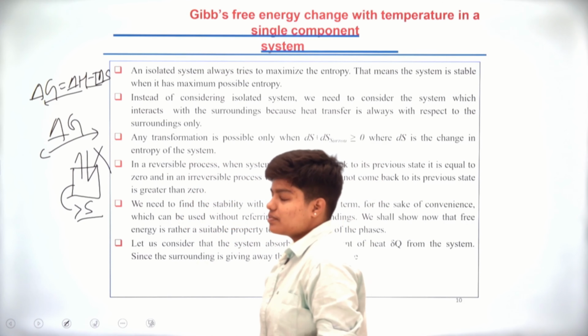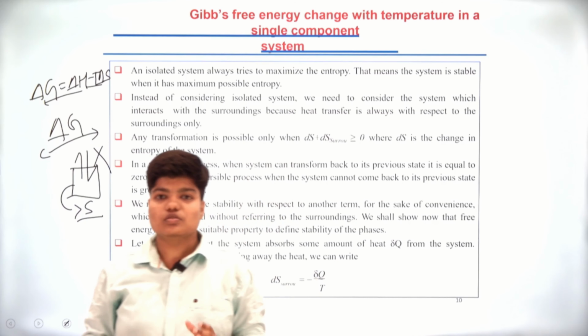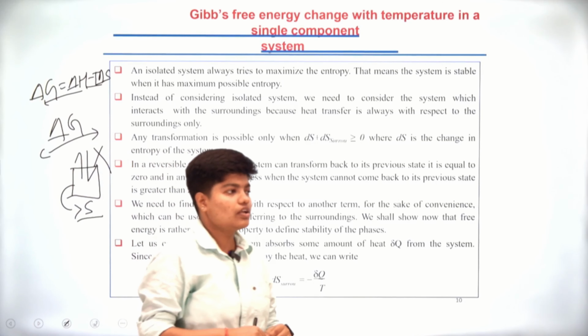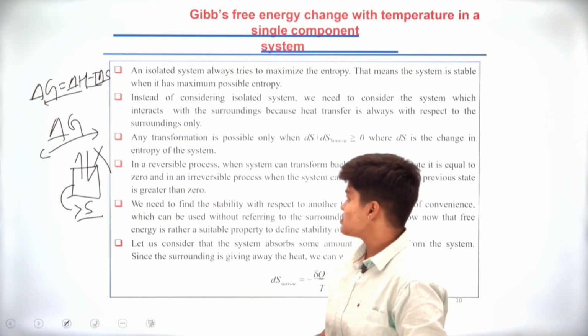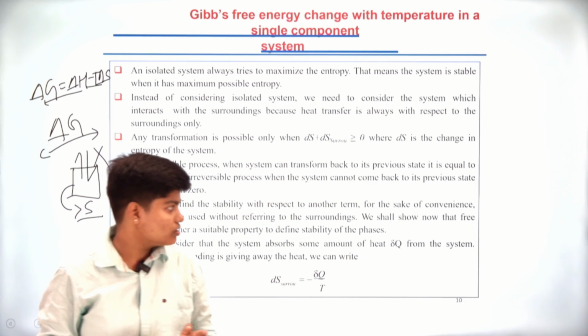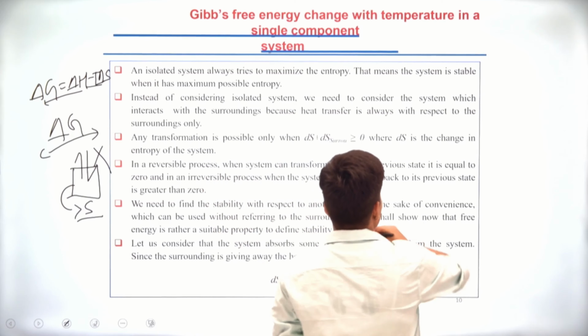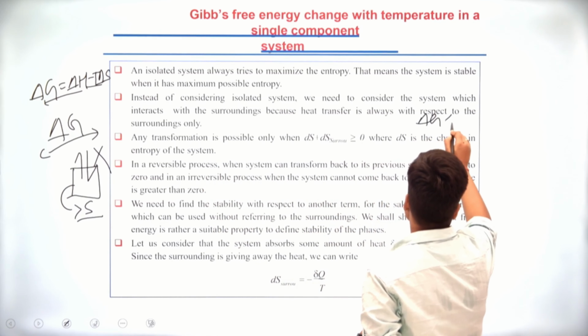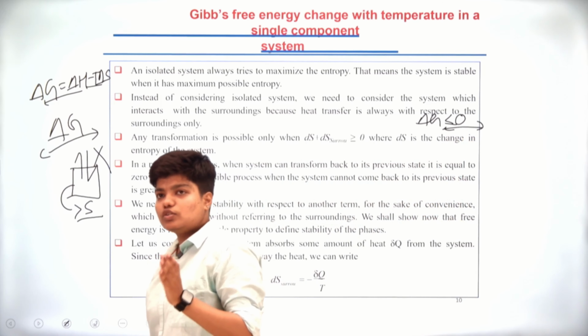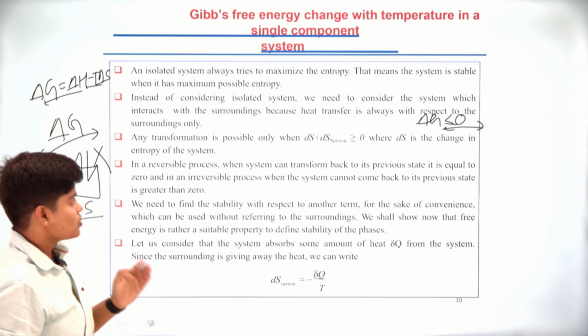So now instead of considering the isolated system, let's consider the open system, where heat is transferred to the surrounding and heat is also absorbed from the surrounding. The transformation is possible when del G is negative. For del G to be negative, del S should be greater than 0, or the entropy should be in the positive direction.